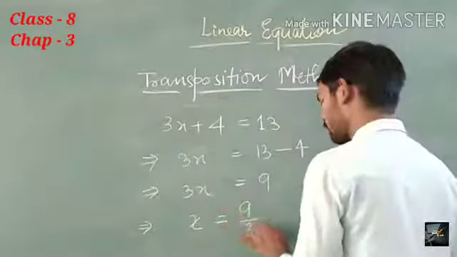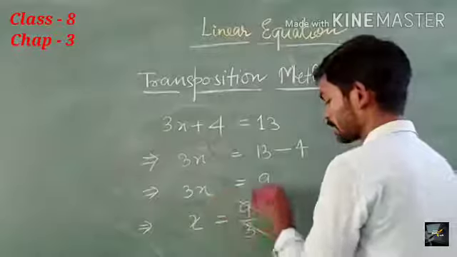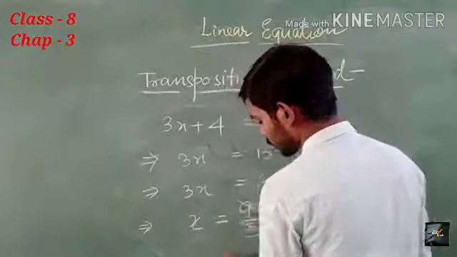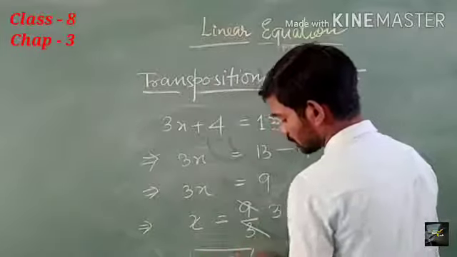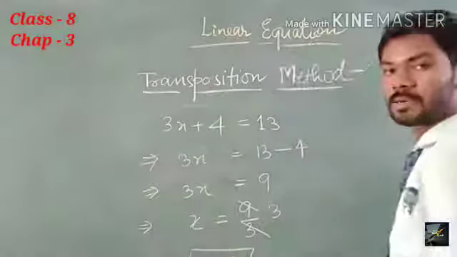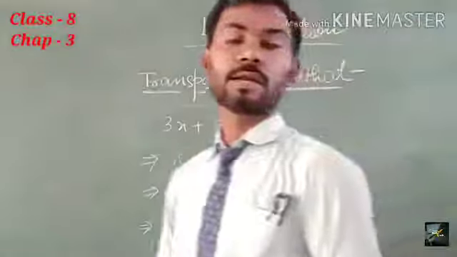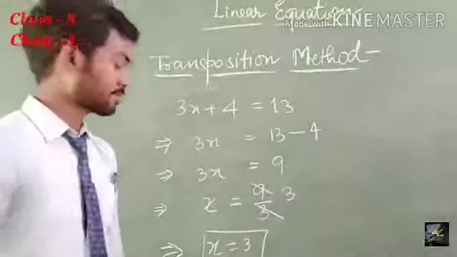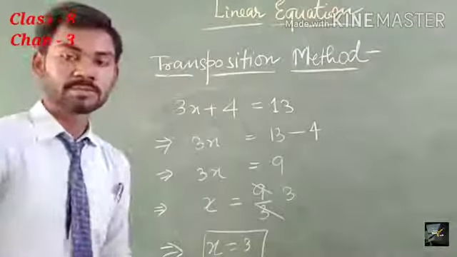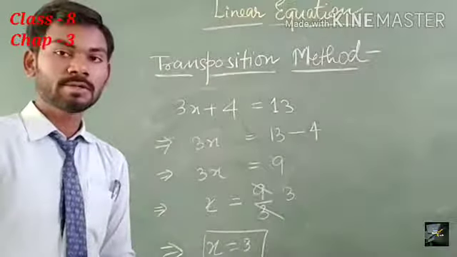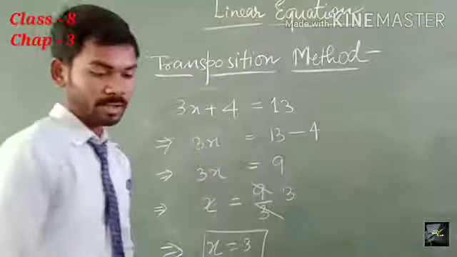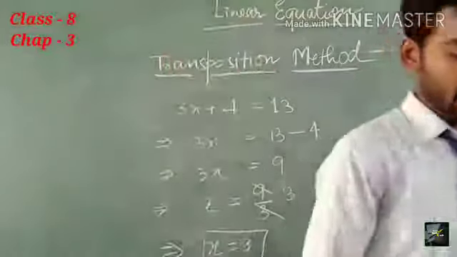Now solve it. 3 ones are 3 and 3 threes are 9. Then we get x equal to 3. Therefore, x is equal to 3 is the right answer. So, in this way, we can find the solution of the linear equation using the transposition method. Okay, students, I hope it is clear.